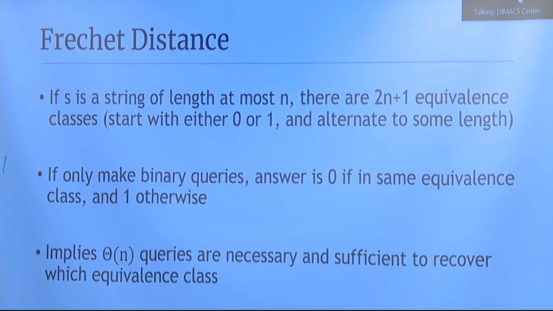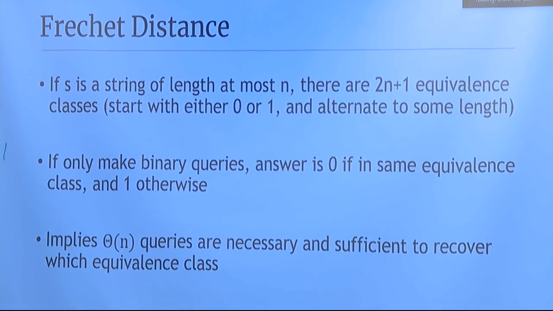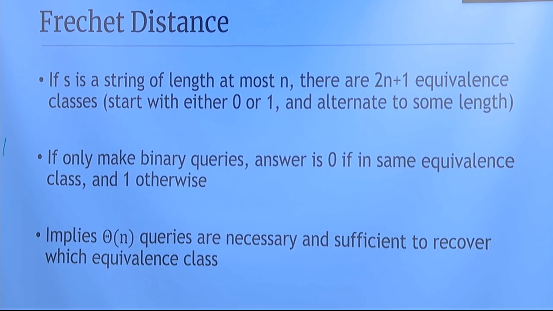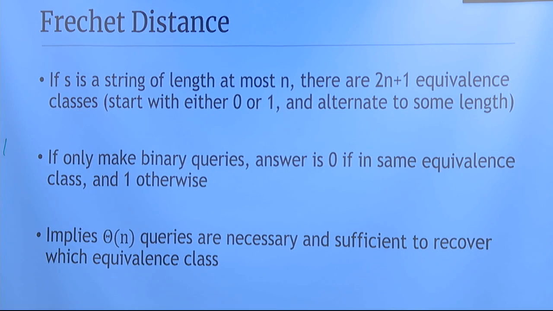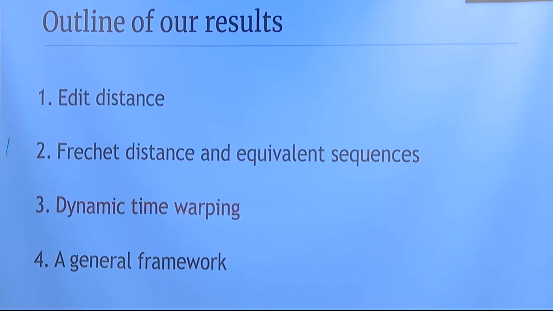So really that just characterizes the whole problem. It implies that theta of n queries are necessary and sufficient to recover the equivalence class. If you made fewer than that, you might miss the equivalence class you're in. And if you make one query in each class, you will find it. So that's the story for Frechet distance.